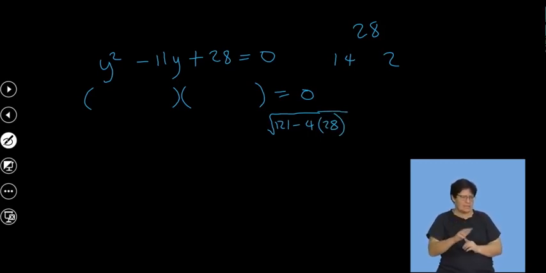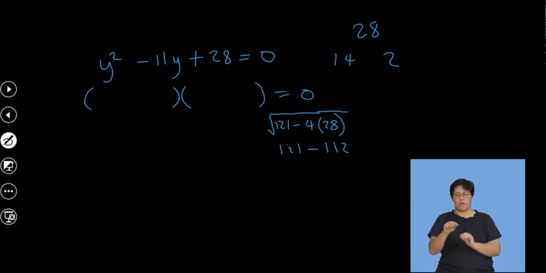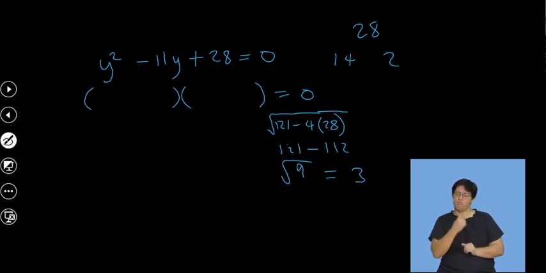And then you can see that 121 minus 4 multiplied by the 28 there will give me 112. Sorry, 4 multiplied by 28 will be 112. So that will be 11 there. 121 minus 112 will then give me 9, right? So it will be square root of 9. So this will be 3, right? So already you can see that I do have my factors.